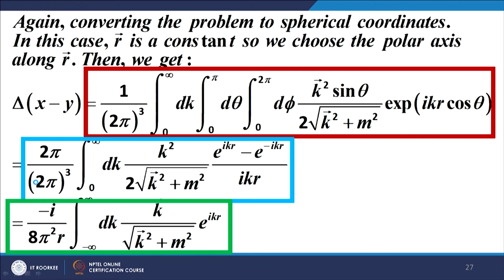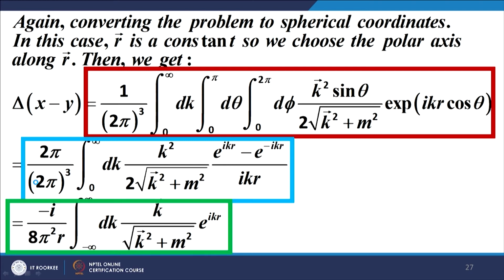The integration over theta is slightly more involved, because now the integrand becomes an explicit function of theta. Writing the theta dependence explicitly, and then substituting i k r cos theta equal to x, and then doing the integral, we get the expression which is here in the blue box.